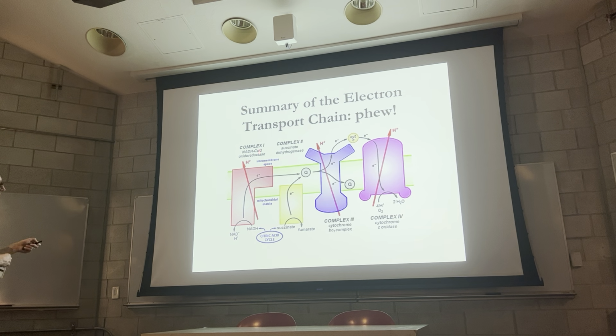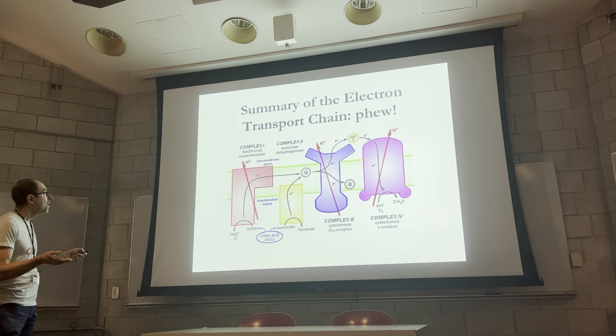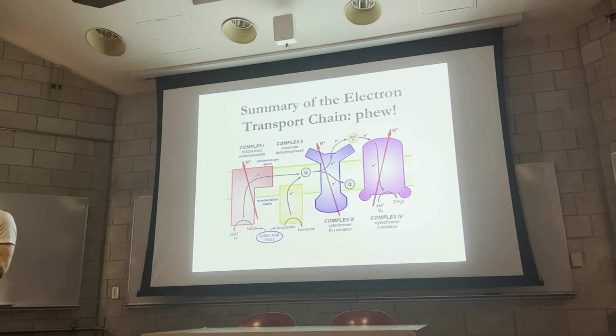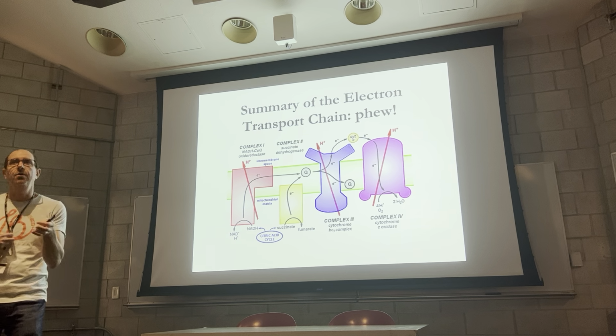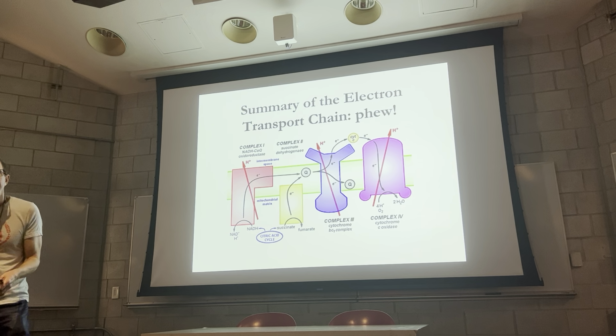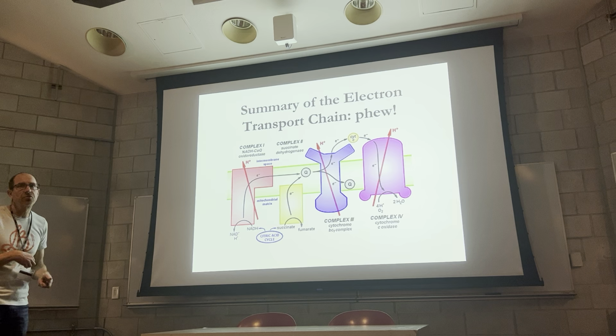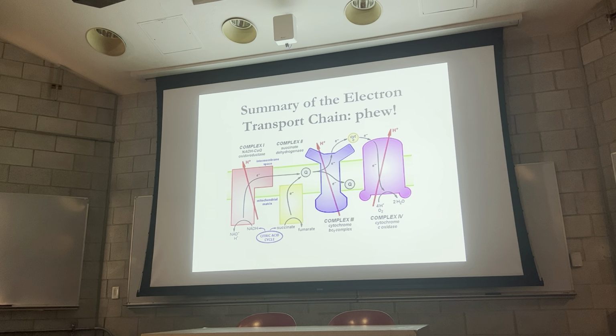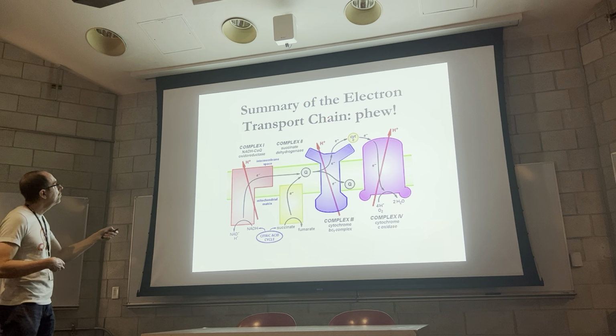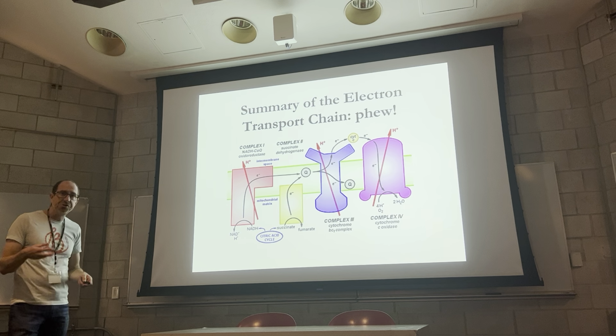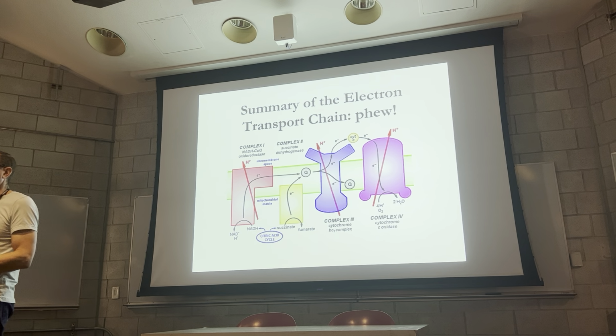In the case of complex 2, that free energy is not available, so only QH2 is generated. But as QH2 is generated and the ratio of QH2 to oxidized Q is high, that QH2 will bind to complex 3, where electrons are ultimately transferred to cytochrome C, resulting in the transport of protons from QH2 to the intermembrane region, helping to generate our proton gradient.